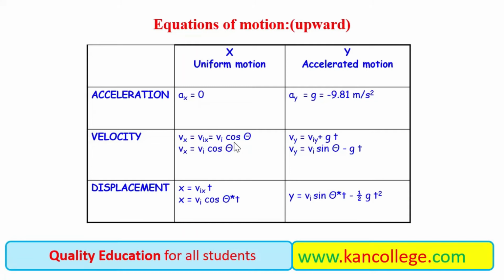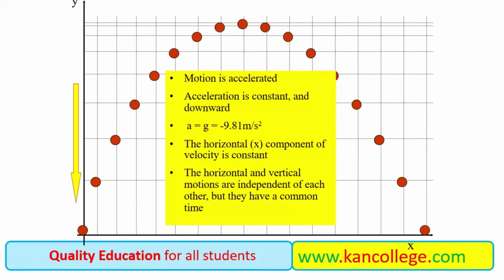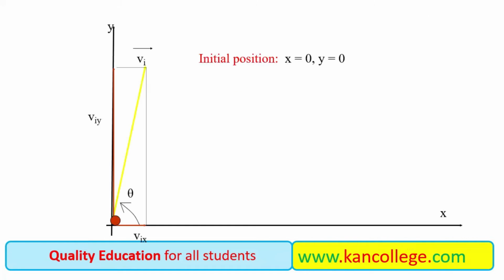You know that vi cos theta was the velocity initially projected when the body was thrown. That body was given two components of velocity. If we throw a body in this direction, it means that the body has two velocity components. The body moves at the start with vix along the x-axis. It has the ability to cover a distance of value vix.